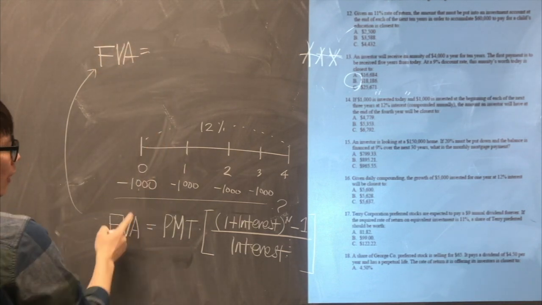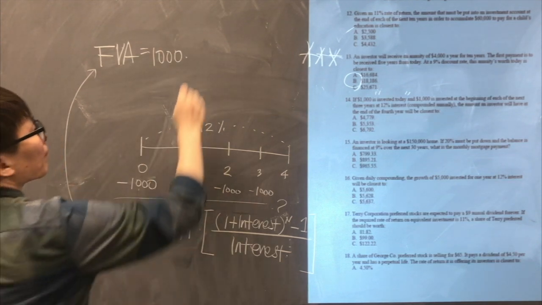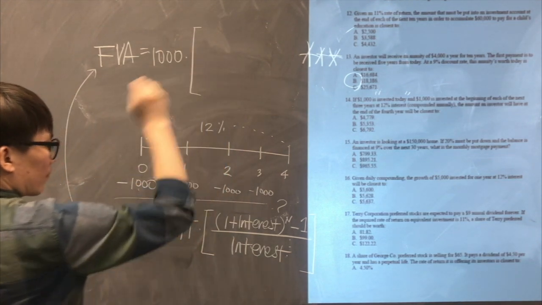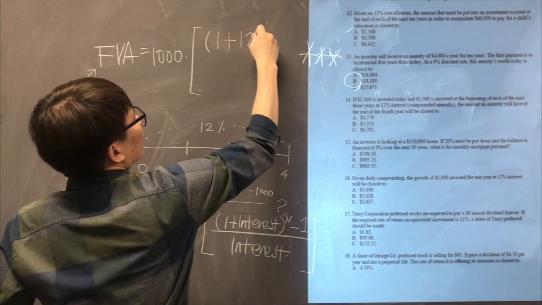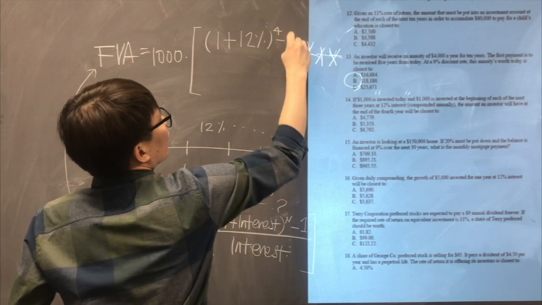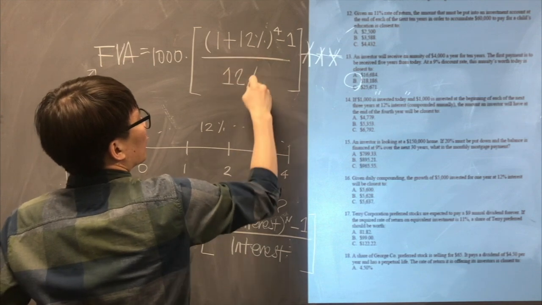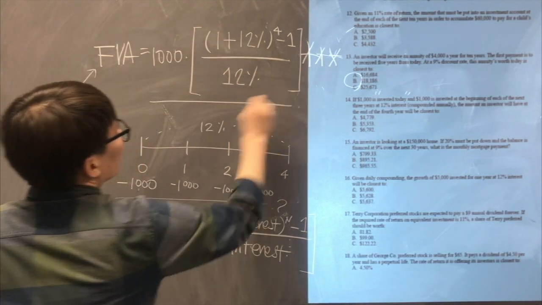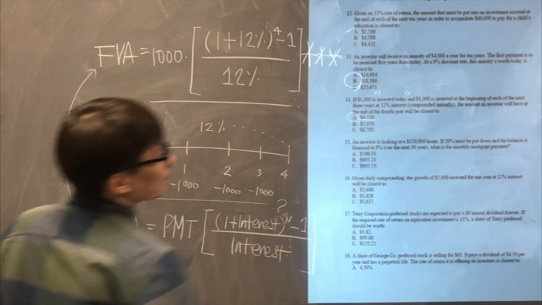Equals our payment 1,000 multiplied by 1 plus 12% and minus 1 over 12%. This part is close to what? This one. Okay?